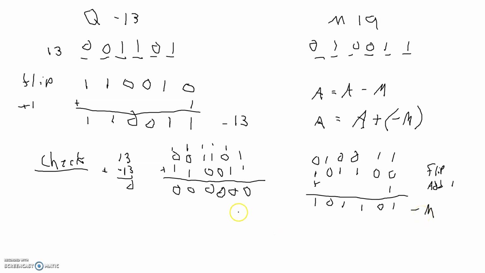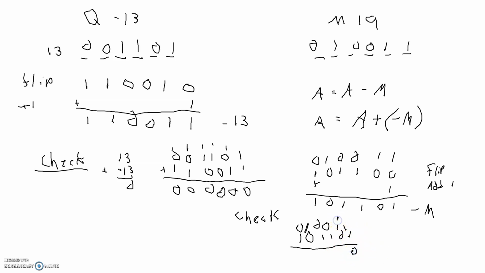Let's check our work. So if I want to check just to make sure things are okay, we have our M, 0, 1, 0, 0, 1, 1, and add to it the negative M, 1, 0, 1, 1, 0, 1. Okay, so from the right-hand side, 1 plus 1 is 0.